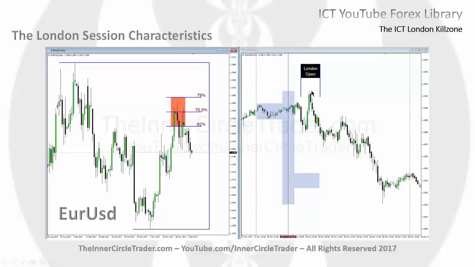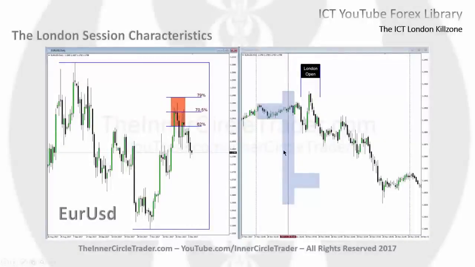It creates the high of the day during the London Open Killzone between 2 o'clock and 5 o'clock in the morning. Dynamic imbalance or range expansion for the daily candle or bar, creating the low of the day right here. Then we come off the low, trading near the low of the day and closing right here. So this whole candle right here is what it looks like in an open, high, low, close format.